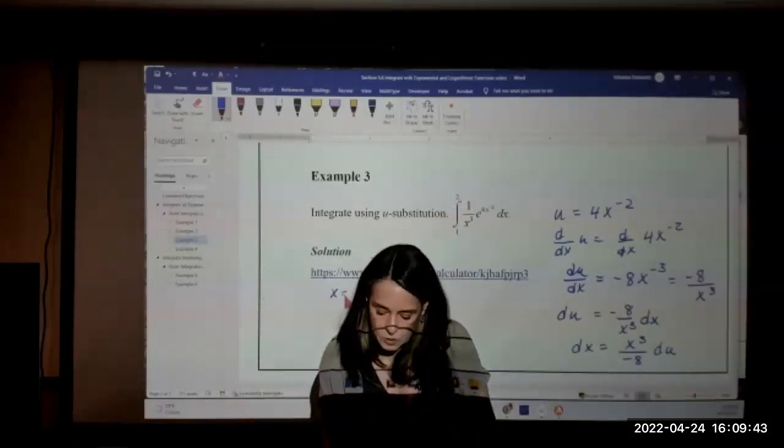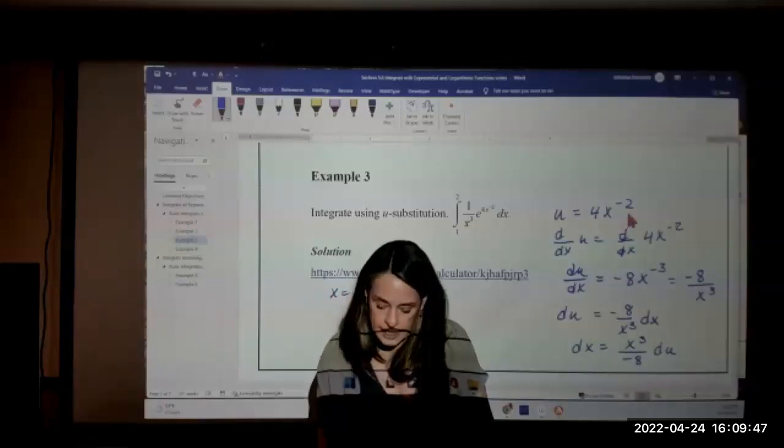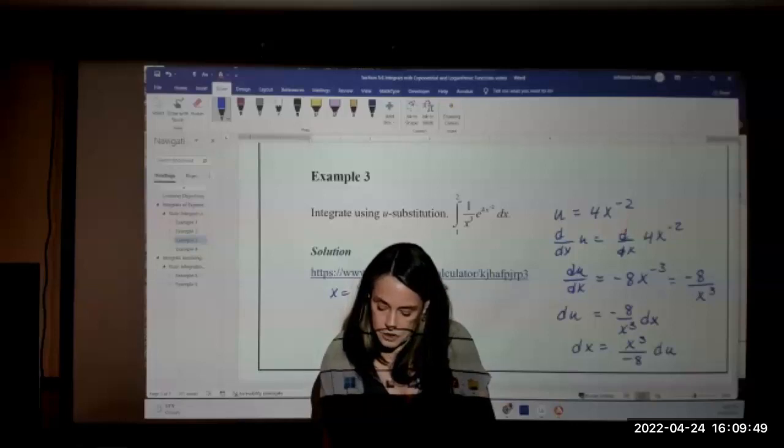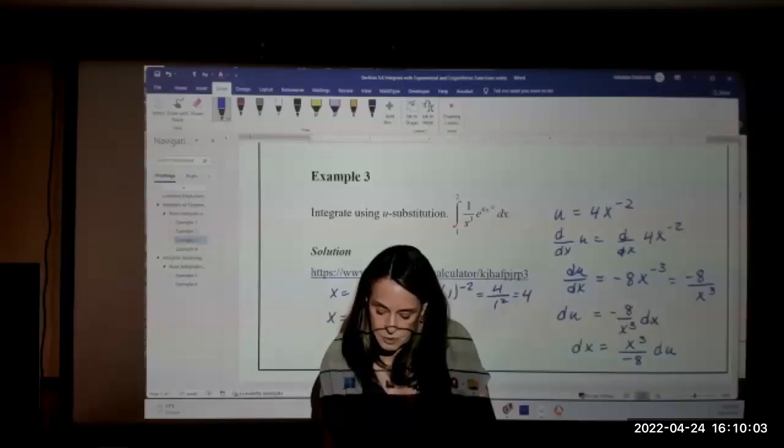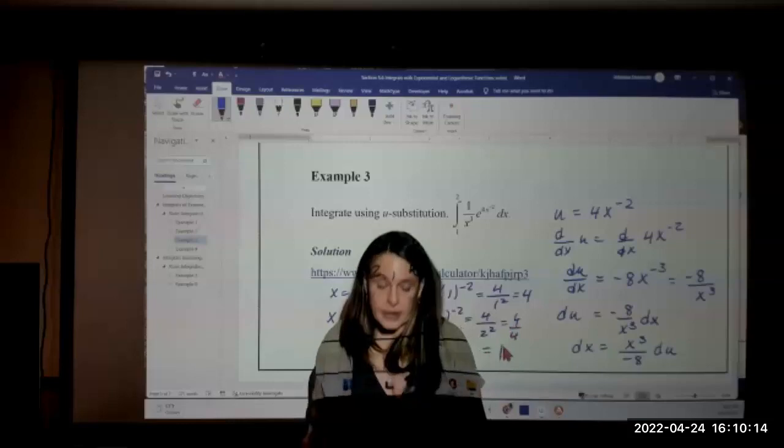When x is equal to 1, my u expression is 4x to the negative 2. So this leads to 4 times 1 to the negative 2 power, which is 4 over 1 squared, which is still 4. When I have x equal to 2, I have u is equal to 4 times 2 raised to the negative 2 power, which is 4 over 2 squared, which is 4 over 4, which is equal to 1.